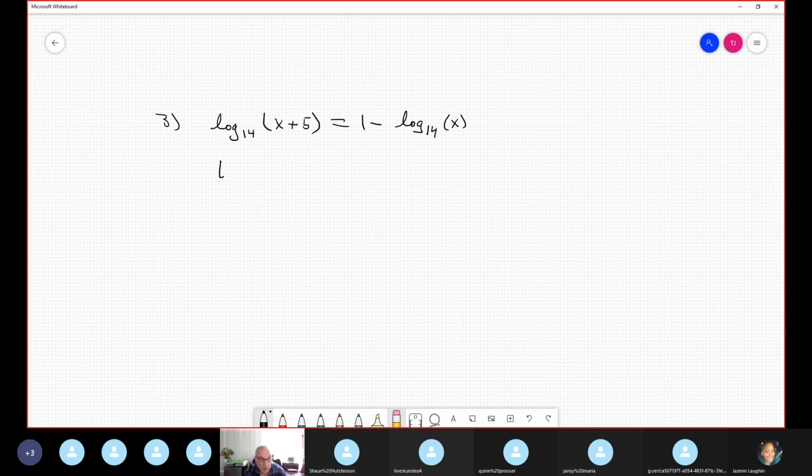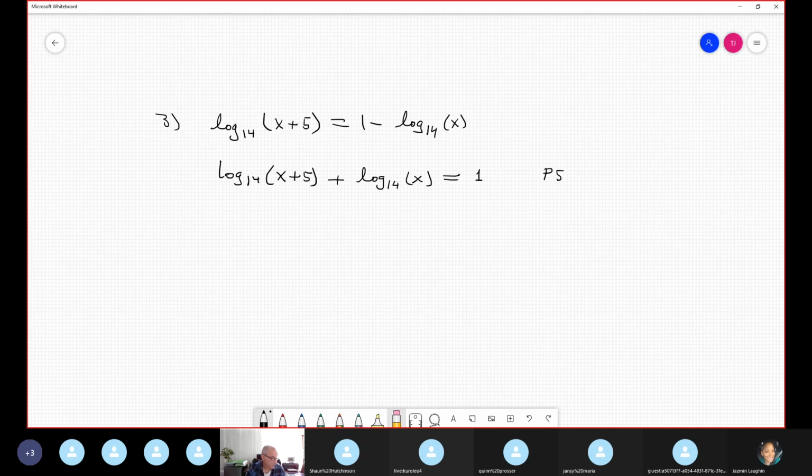You put now logarithm base 14 of x plus 5 plus logarithm base 14 of x, because I moved it to the left with the opposite sign, equal 1. Okay, this example brings me a new idea: not necessarily is the equation elegant to start. You need to organize. You put the logarithms on one side, left or right, doesn't matter, and no logarithm on the other side. Now you are ready to apply property number 5.